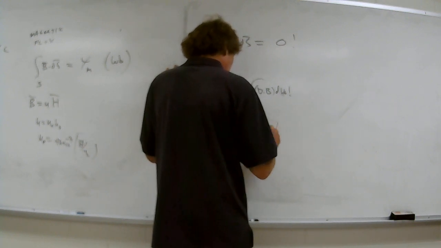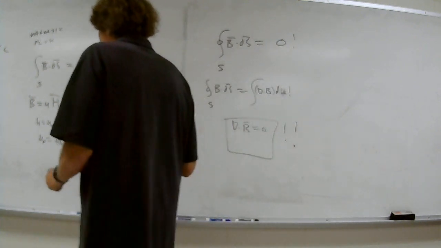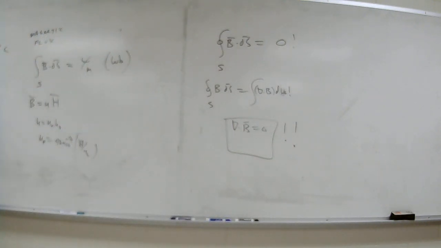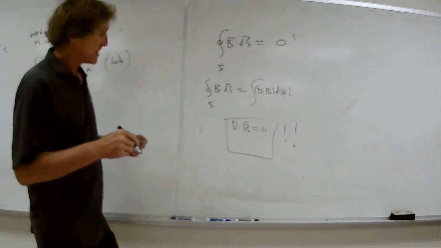This is another theorem. This is real important. If you come over here, you know that divergence of D is rho V, right? Y'all remember that? Now that's the electric charge density, right? Divergence of D is rho V.